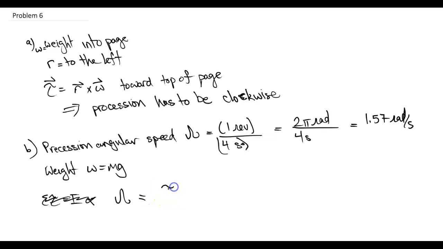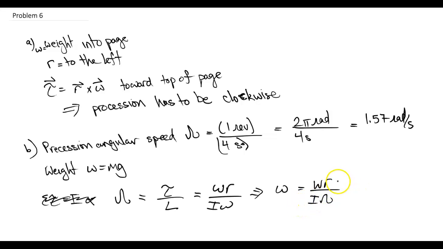Omega is the torque over the angular momentum. So that's the weight times the distance over I omega. And from here we can say that omega equals WR over I capital omega, and the weight we know is mg.